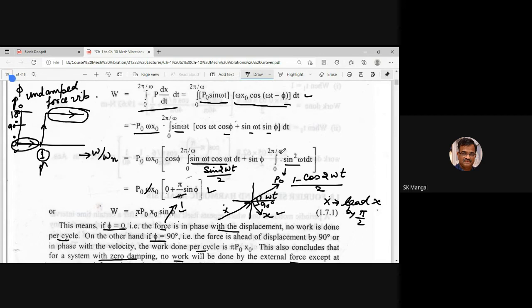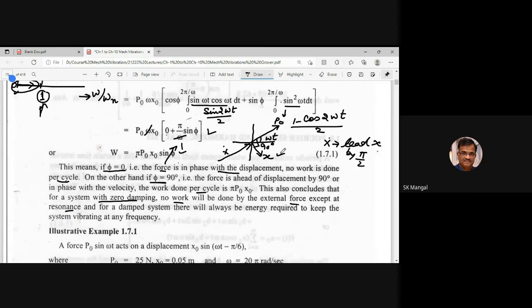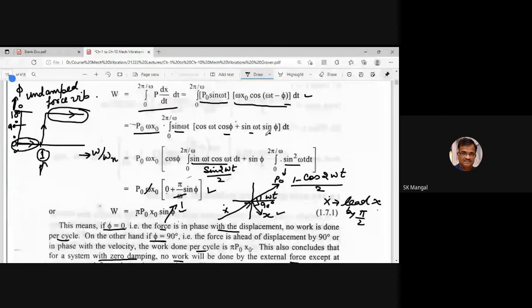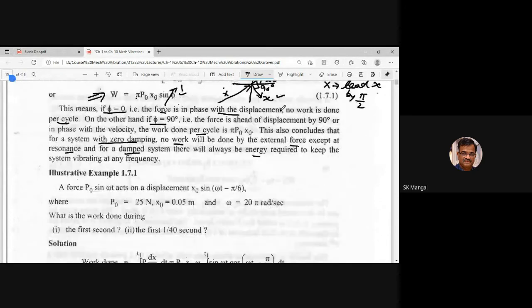And for a damped system, there will always be energy required to keep the system vibrating at any frequency. This formula is useful to find the work done by a harmonic force acting on a body, which basically generates a harmonic motion. Now let us solve a problem based on this.